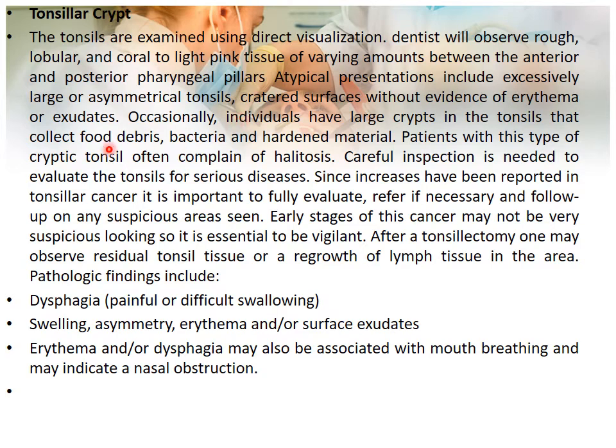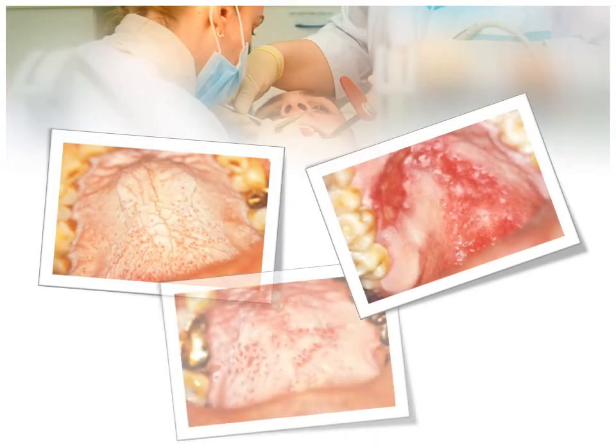The pathological findings may include dysphagia, swelling, asymmetry, erythema, and sometimes nasal obstruction and mouth breathing. This is the area of the palate that I have mentioned before, an erythematous area representing nicotinic stomatitis also.